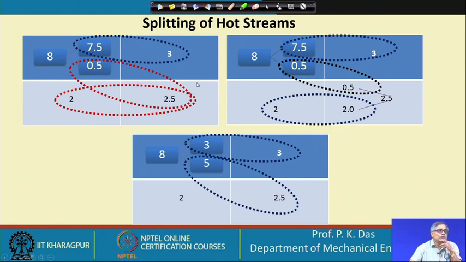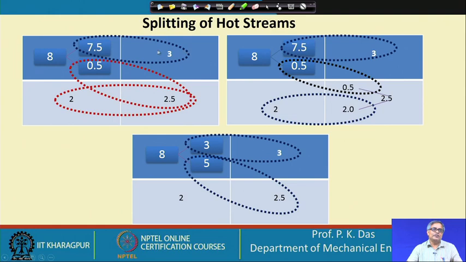We can split the hot stream, we can also split the cold stream. Let us see how we can do it. If I split the cold stream, 8, let us split it into 7.5 and 0.5, and 2, and this side it is 3 and 2.5.